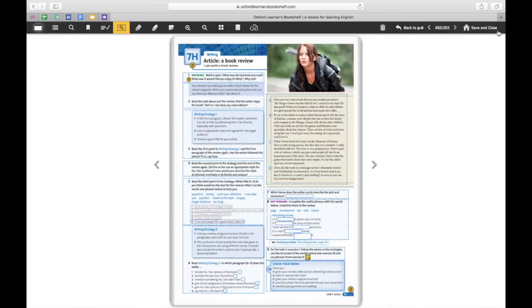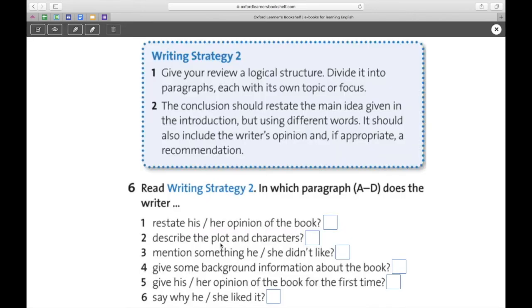Okay. Now, let's look at writing strategy 2. Give your review a logical structure divided into paragraphs, each with its own topic or focus. The conclusion should restate the main idea, as in the introduction, but using different words.